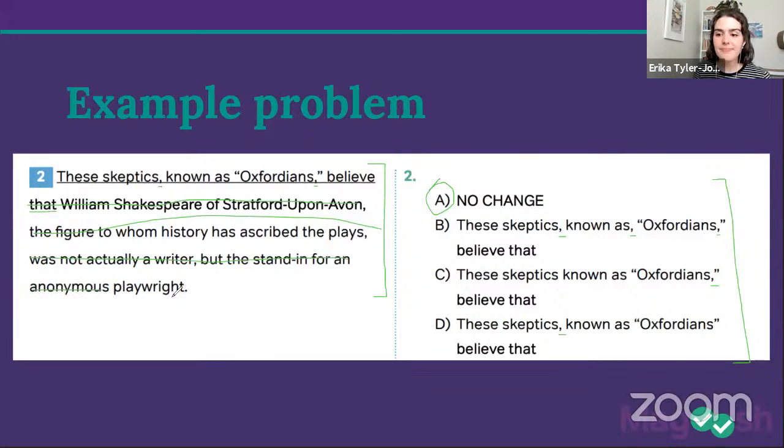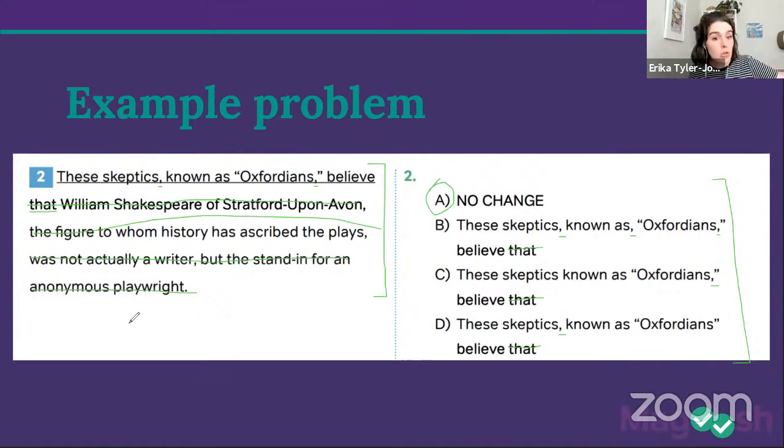All gone. Don't need it. And I'm going to cut the that in all of these answer choices because everything there is a relative clause. It is all of the stuff that these skeptics believe. So my sentence is now, these skeptics, known as Oxfordians, believe.